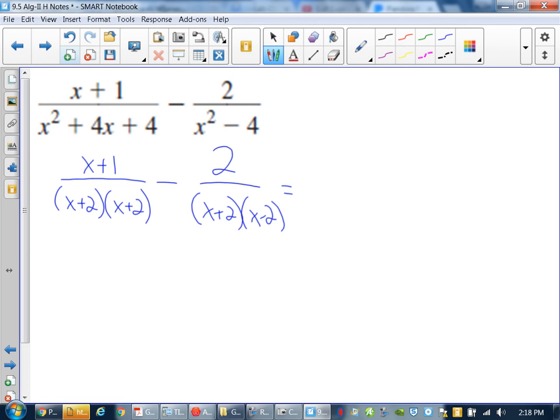Now, I have all of those terms written out as basically their prime factors. I've prime factored the denominator, so I write down, what do they have in common? They have an x plus 2 in common. They both have 1. What's left? Very good.